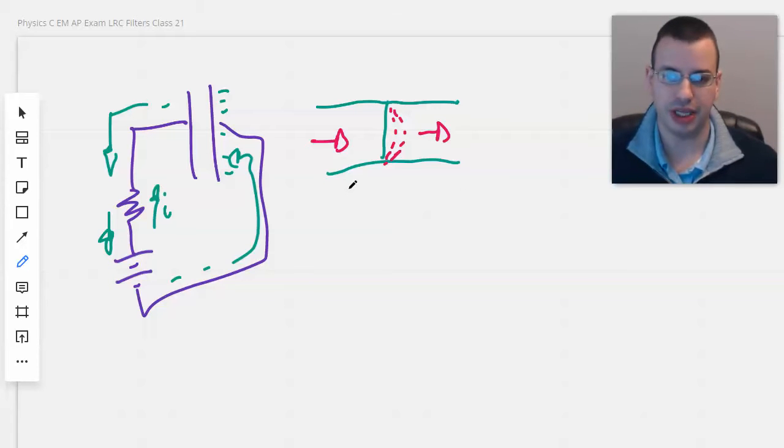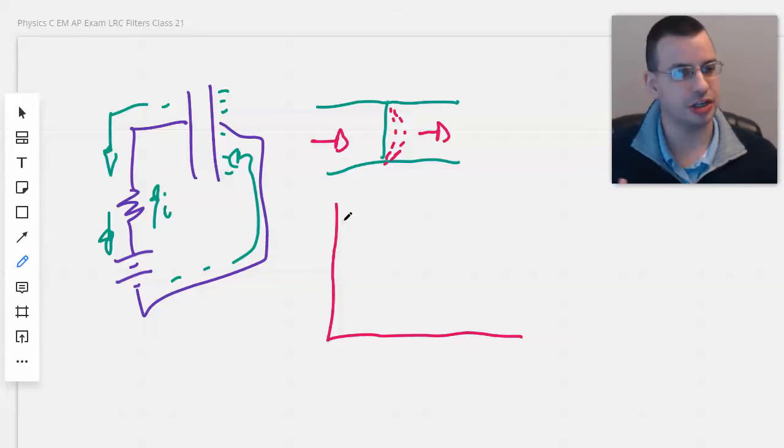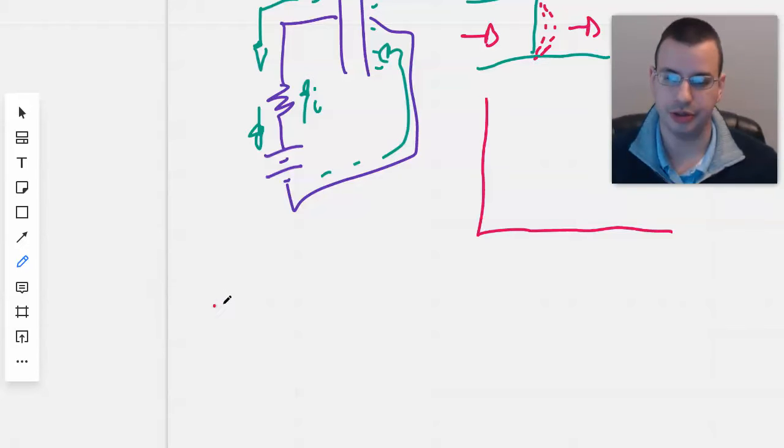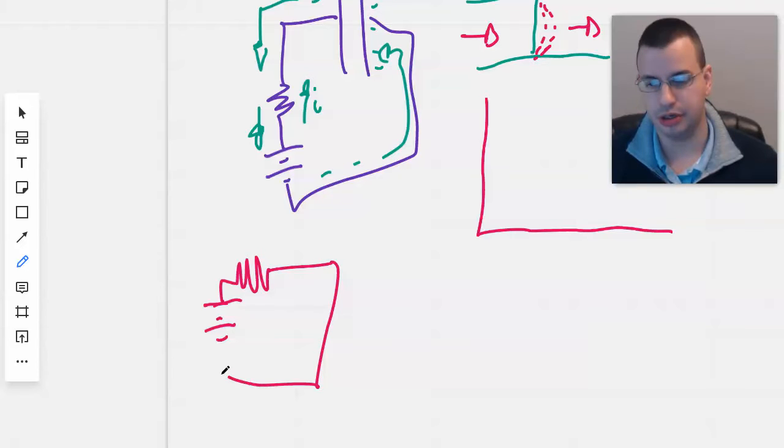This is why, when we were talking about capacitors, we said that initially capacitors act like a short, like a straight piece of wire, but in the long term they act like an open circuit. To draw that out, we have battery, resistor, capacitor, and then back to the battery.